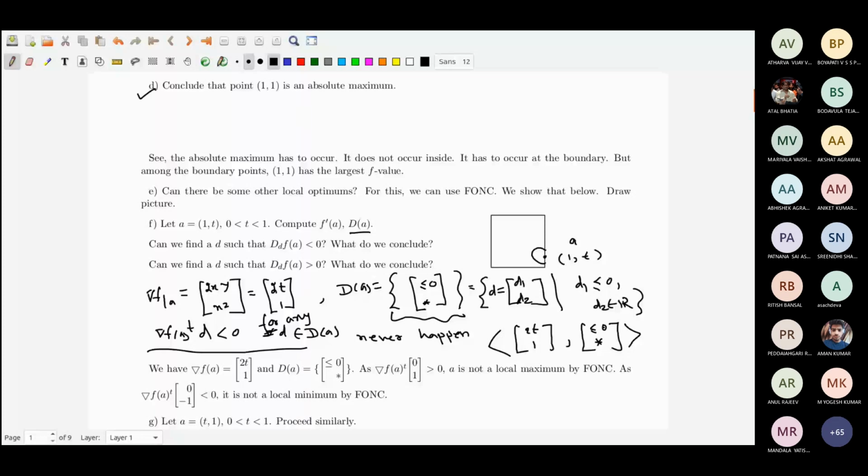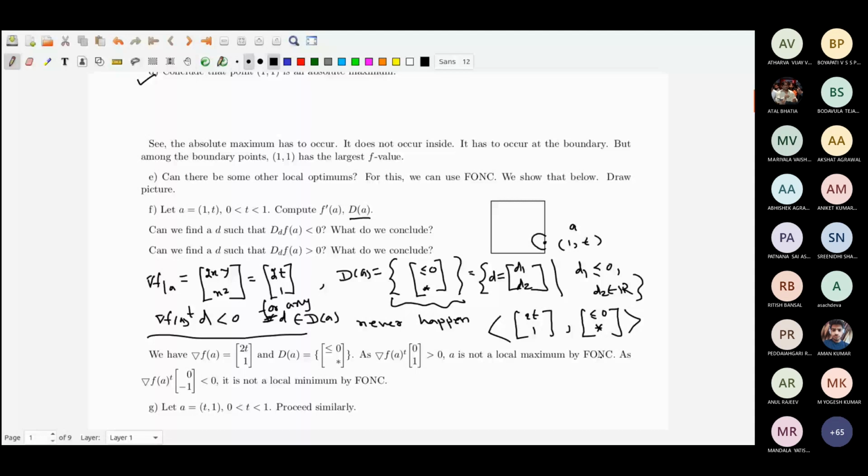So what does that mean? Now this point does not satisfy the first order necessary condition to be a minimum, because it is becoming negative for one direction. It also does not satisfy the first order necessary condition to be a local maximum, because it is becoming positive. Okay, so that's what I have written over here.